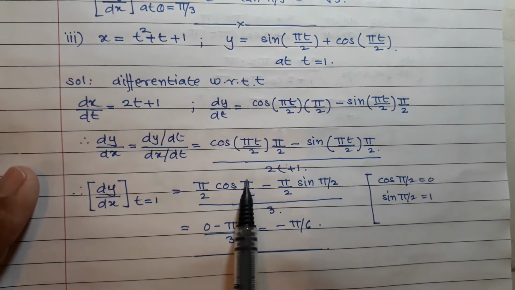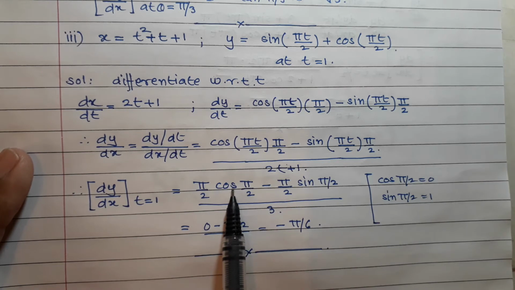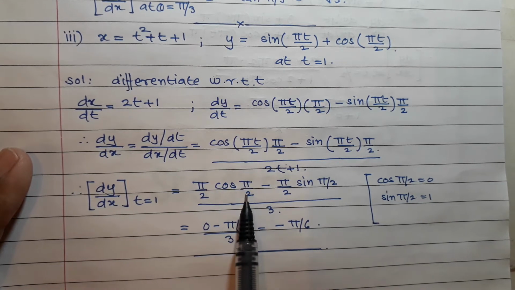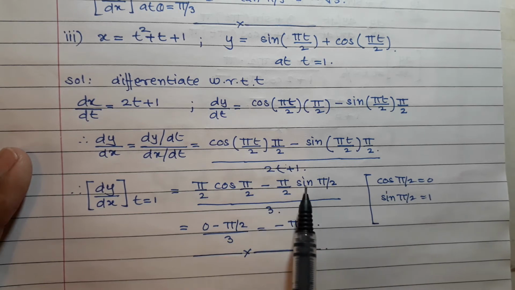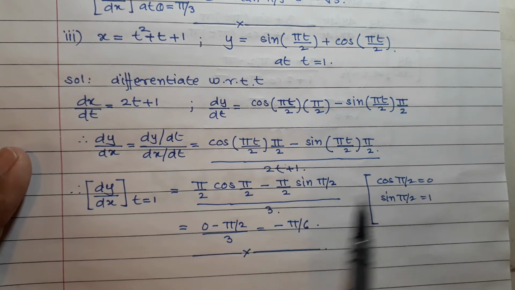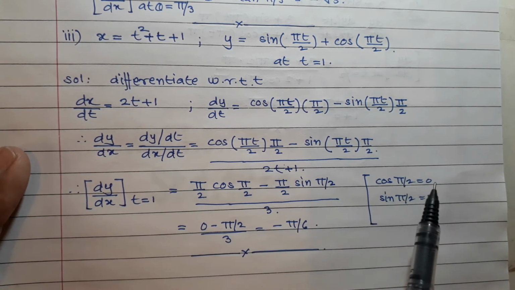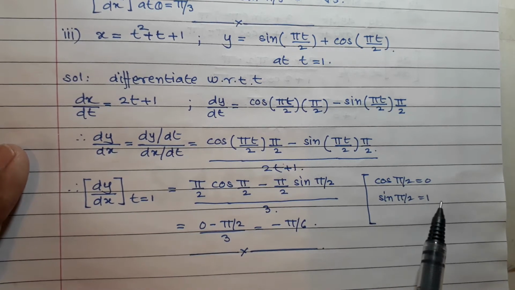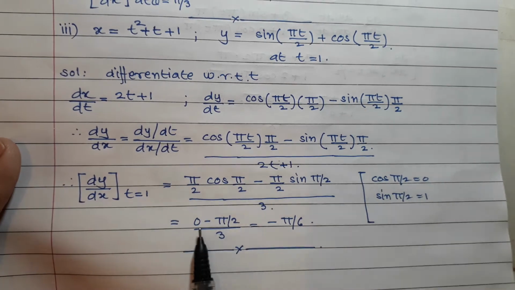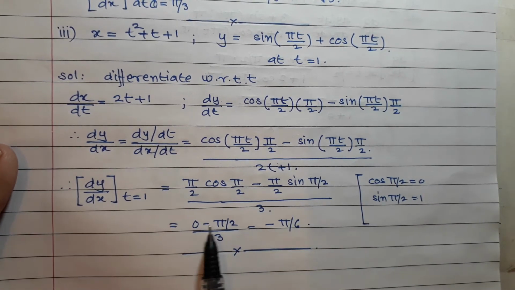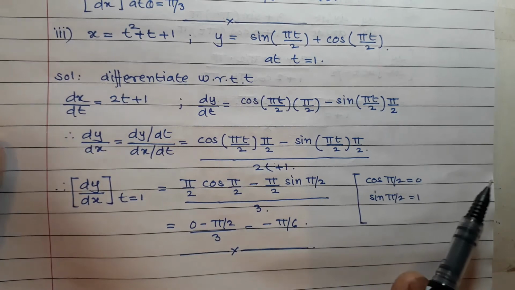Simply substitute the value, so π/2 cos π/2 minus π/2 sin π/2 upon 3, because cos π/2 is equal to 0 and sin π/2 is equal to 1. Therefore this is equal to 0 minus π/2 upon 3, and the answer is -π/6.